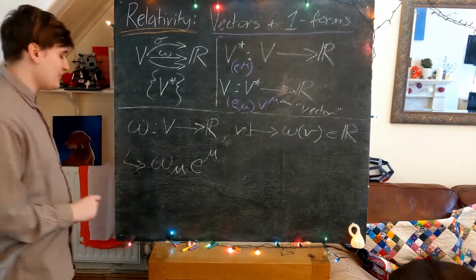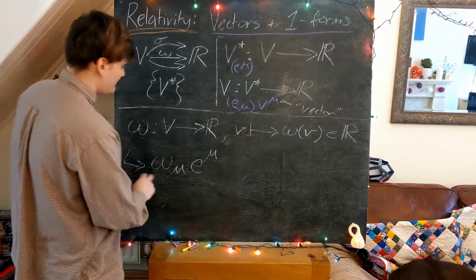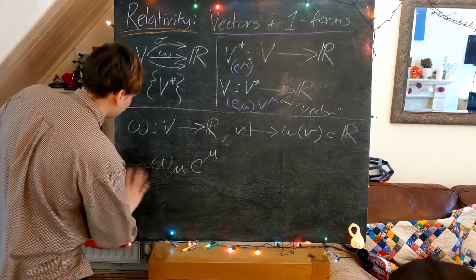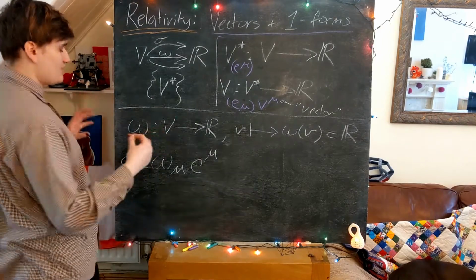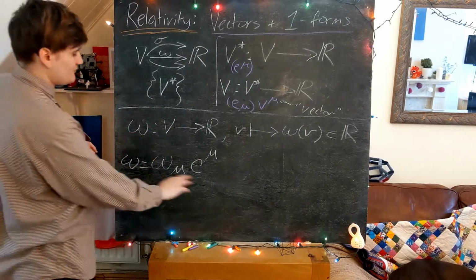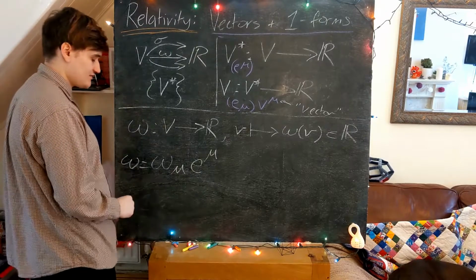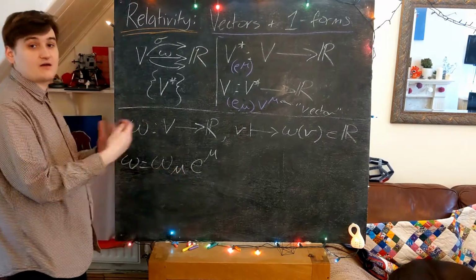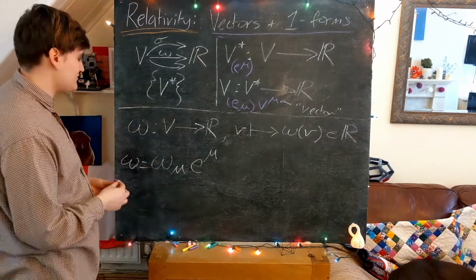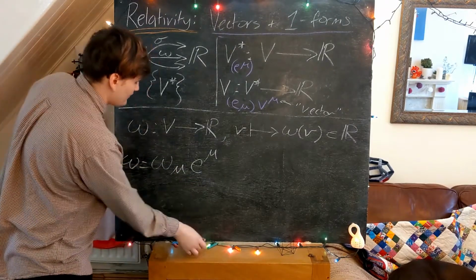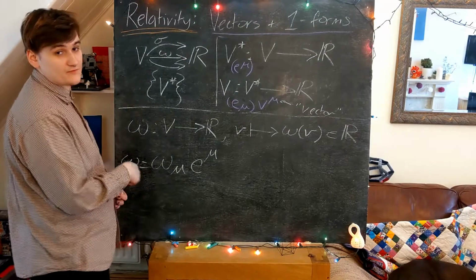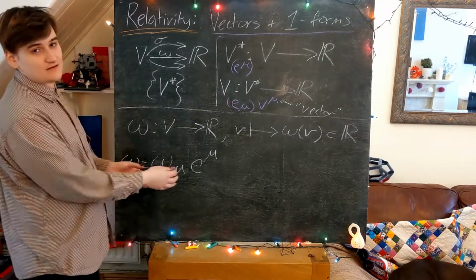So I've begun writing here. This is our expansion of the one form in a basis. Remember, the one form as an object is kind of a higher object than the coordinates we're using. These bases are going to come from some coordinate system, and this expression here is essentially now the way this one form is realised in coordinates.